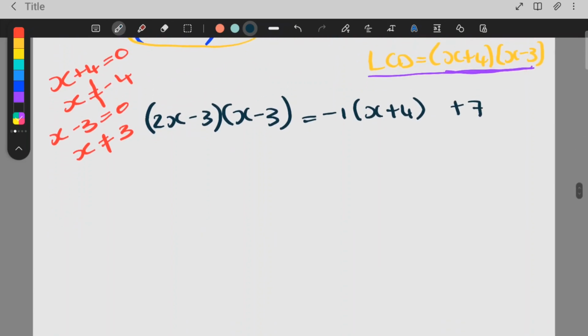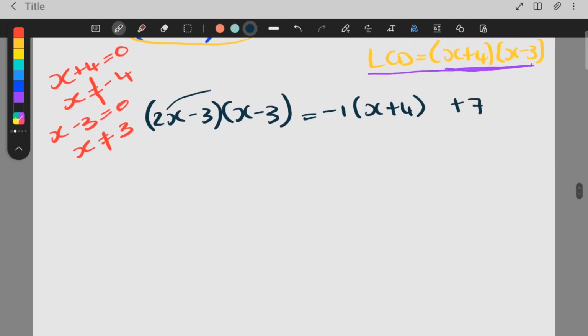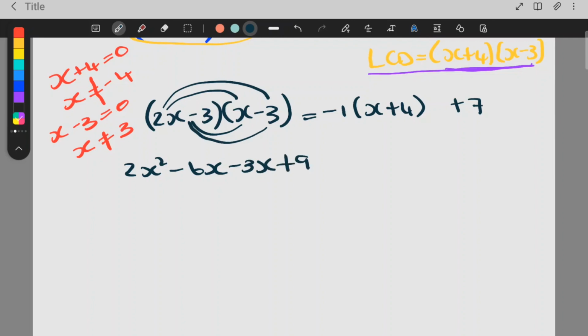Now I'm going to solve this, eh? So I multiply out. This times this is 2x squared. This times this is negative 6x. This is negative 3x. This times this is a positive 9. This times this, negative x. This times this, negative 4 plus 7.